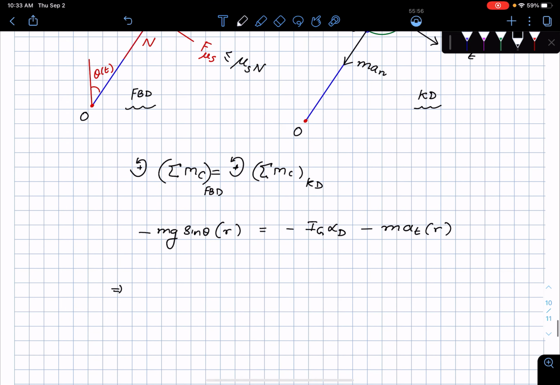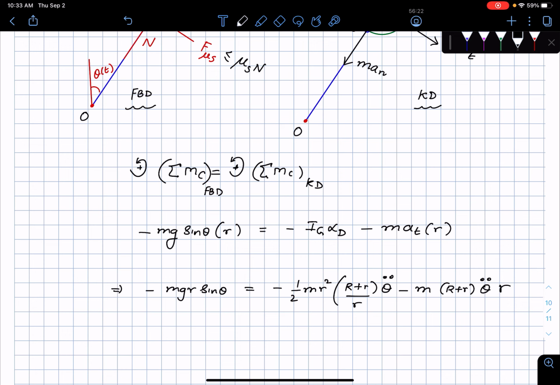Okay, do the substitutions. So this essentially tells me minus mg times r times sine theta is minus I_G, which is half times m r squared, times alpha of the disk, which is (R plus r) divided by r times theta double dot, minus m times (R plus r) times theta double dot, which is the tangential acceleration component, multiplied by the radius r.